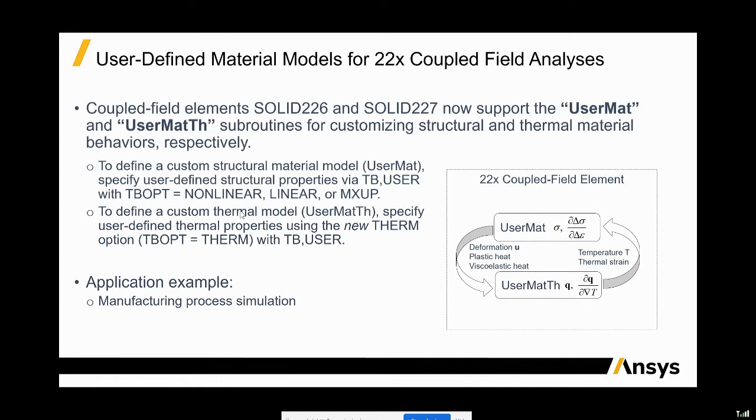We won't really get into the details of this, but you basically have to tell it that you're going to be using a user-defined element, whether it's going to be nonlinear, linear, or mixed UP, and same with the thermal as well. And the primary application they added this for is the ability to do manufacturing process simulations. You've got some weird process that's, I don't know, removing material based upon some shear load or something. And you can go ahead and put that in there and program that up.